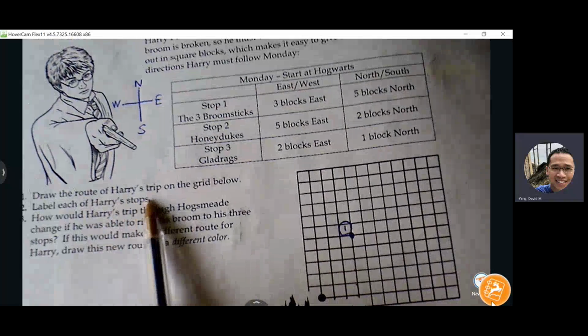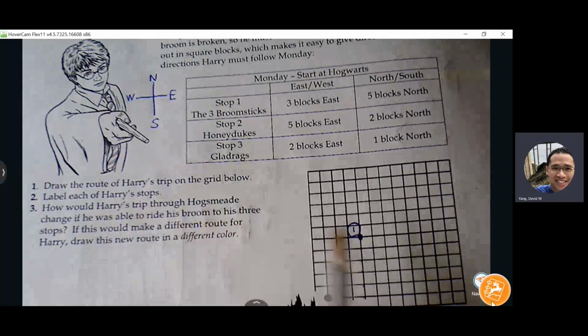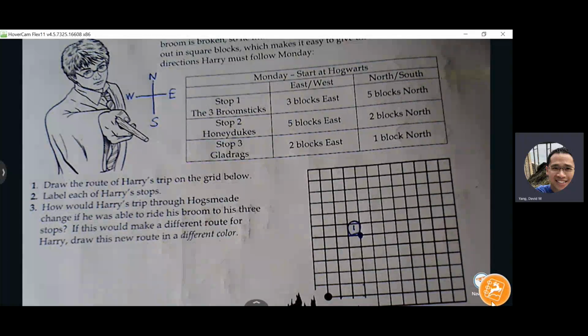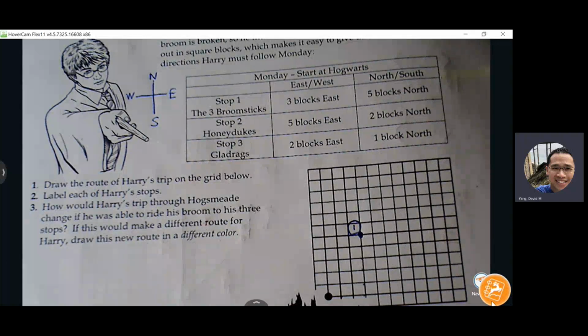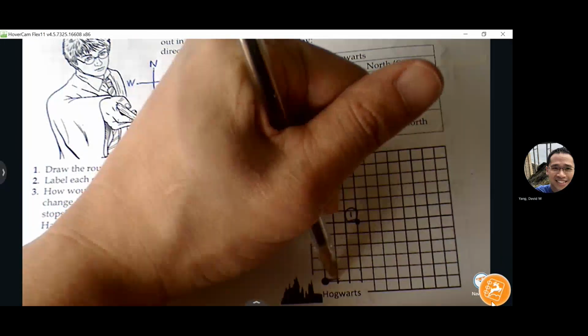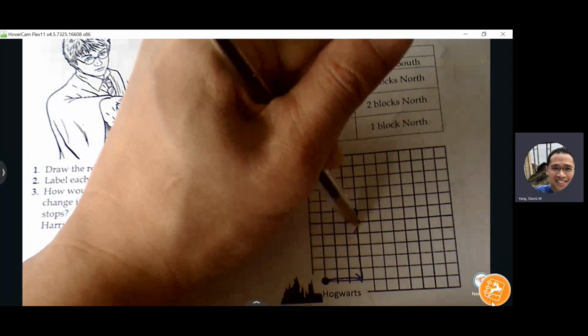And then we're going to draw the route of Harry's trip on the grid below. Label each of Harry's stops. And how would his trip change if he were able to ride his broom to his 3 stops, going the shortest route possible? We'll draw this in a different color, but I'll use my pen for his path on the ground.